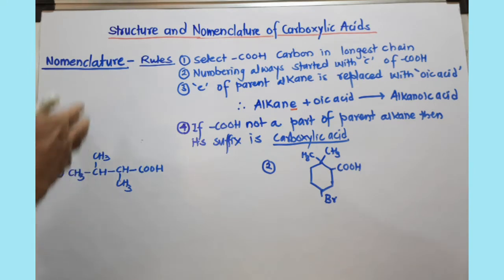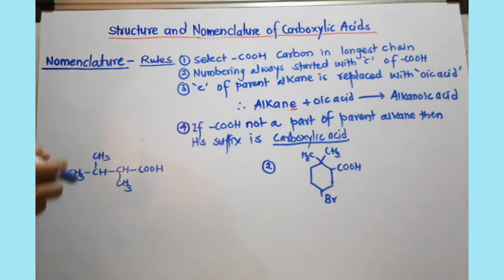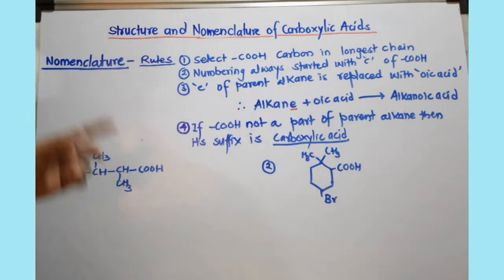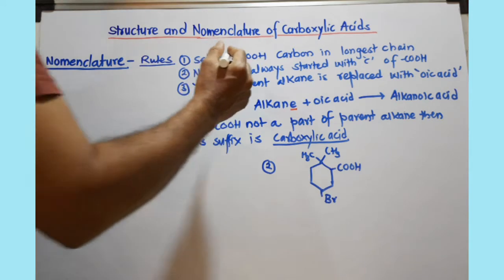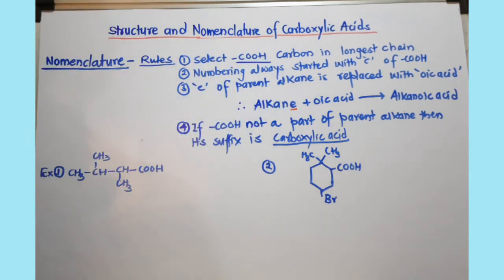Before we start the nomenclature, I want to revise some rules which I think you already know. First of all, we always select the longest chain of carbon. Here also you are doing the same thing. You are going to select the longest chain of carbon, but you cannot skip the carbon of the COOH group.